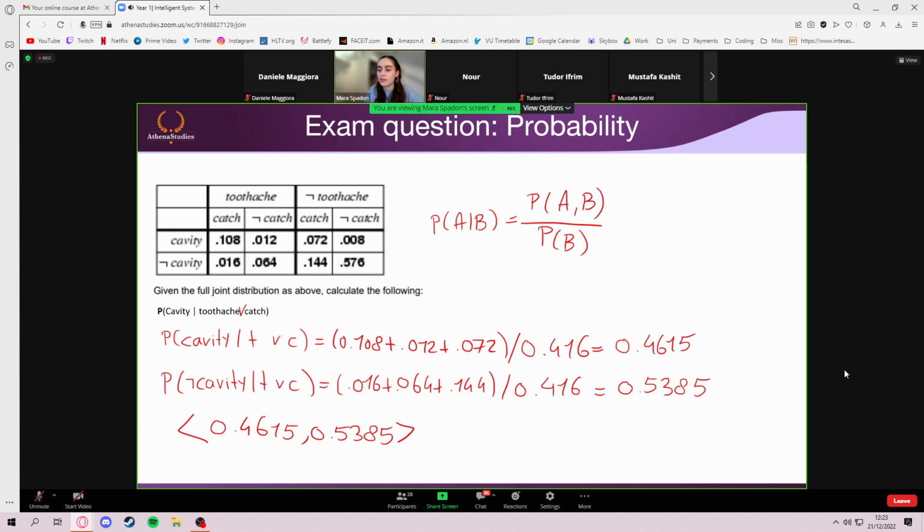I see a lot of people said don't know. That is basically just toothache or catch. So you take everything of the toothache and everything where catch is true. So these values.